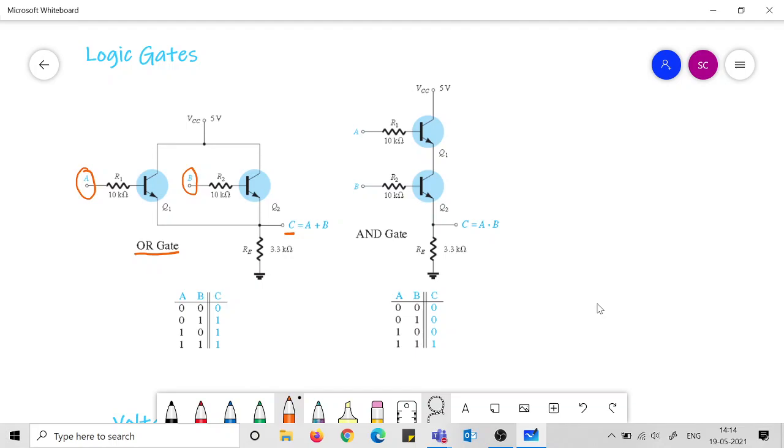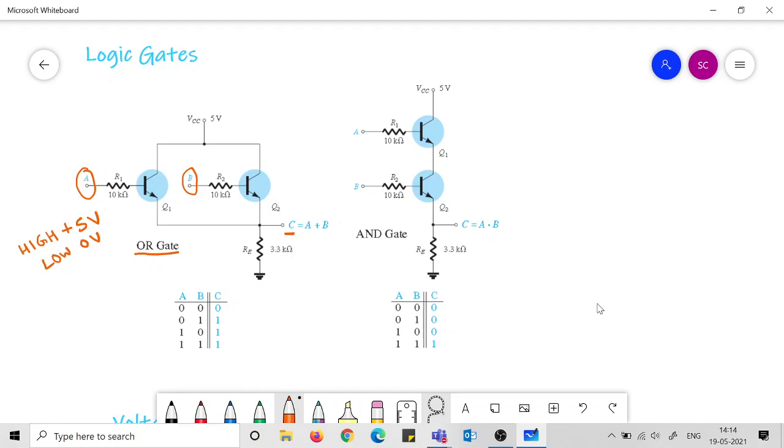Now inputs are high means we are supplying, suppose, plus 5 volt, and low means we are supplying 0 volt. This may not be exactly 5 volts but some higher voltage, and this may not be exactly 0 volt but something very near to 0 volt.